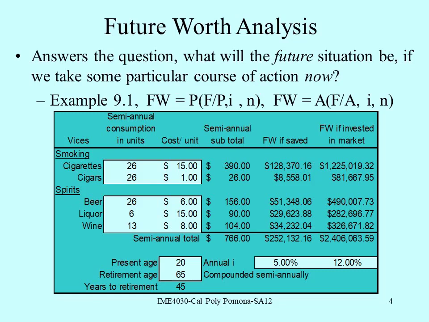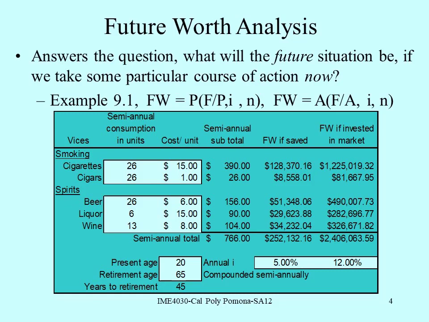Well, that's interesting. Let's compare that to what if you smoked one cigar a week at $1 each week. That would work out to, without getting into the details, $81,000 at the end of 45 years.